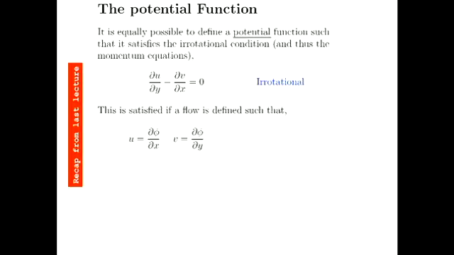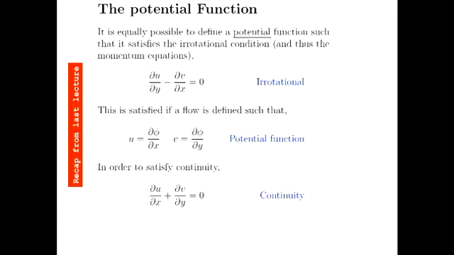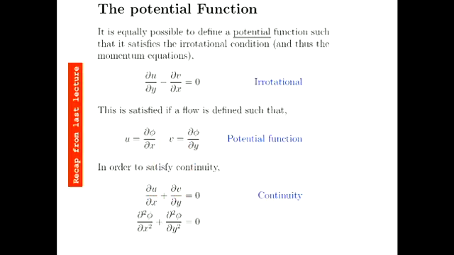And then we discussed, well, that's all very well, but what about continuity? And when we substitute this new definition for the potential function into that equation for continuity, then what you end up with is something that you should recognize as the Laplacian of phi, or the Laplacian of that potential function.